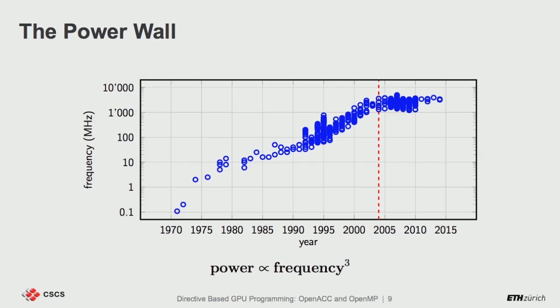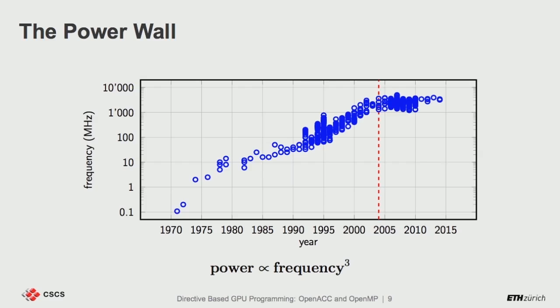So engineers at this point understood that this can't go on. We can still manufacture denser microchips, but we cannot increase the frequency, because the key problem is that the power consumption grows with the cube of the frequency. That's what we call the power wall. You cannot increase the frequency, because you will hit the power wall and cannot go any further.